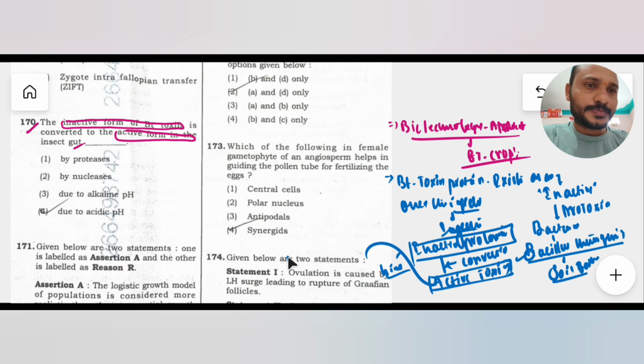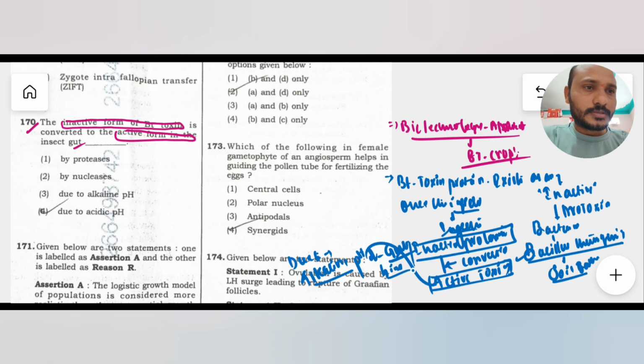Remember, the inactive protoxin gets converted into active toxin when the insect ingests it. How does this conversion happen? Very important: due to the alkaline pH of the insect gut, alkaline not acidic, the inactive protoxin is converted into active Bt toxin.